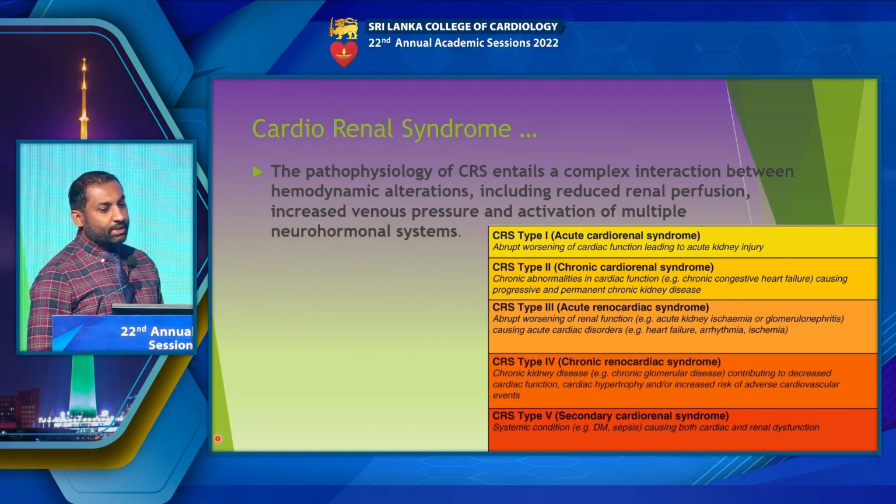The opposite happens in cardiorenal syndrome types 3 and 4. Type 3, acute renocardiac syndrome, is where acute kidney injury results in acute heart failure, and cardiorenal syndrome type 4 is chronic kidney disease resulting in chronic heart failure.